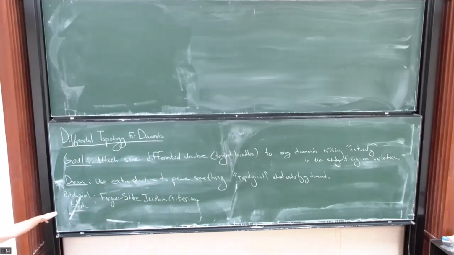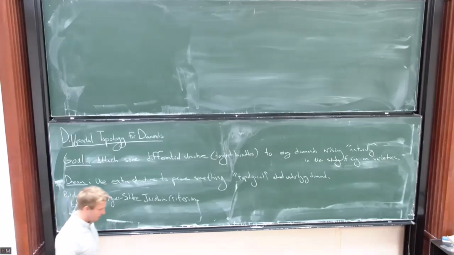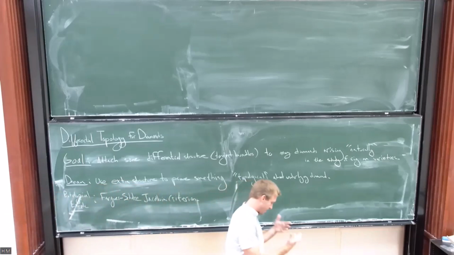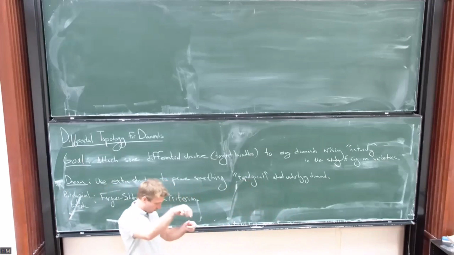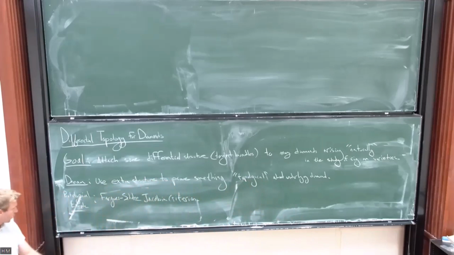But in the Fargues-Scholze Jacobian criterion, what it says is if you construct a diamond as some moduli space of sections of some smooth adic space over a Fargues-Fontaine curve, well, then there's a natural way to attach tangent bundles to such a thing, using maybe naive guesses about what the tangent bundle should be coming from classical geometry.